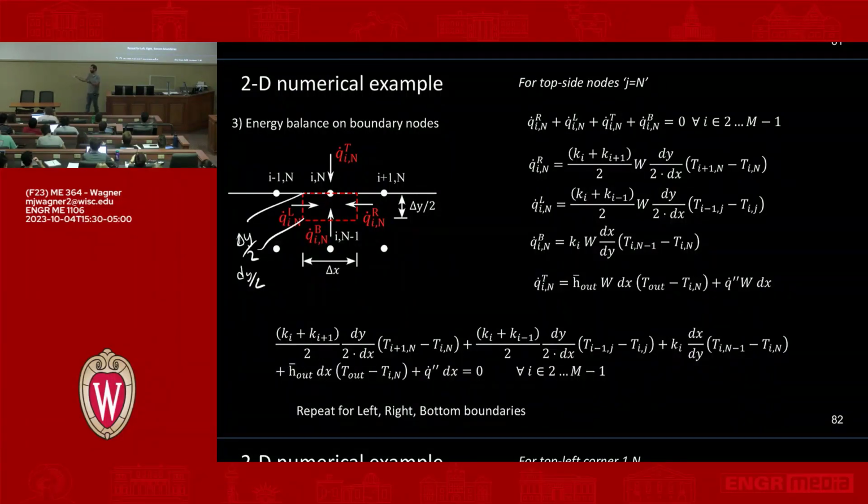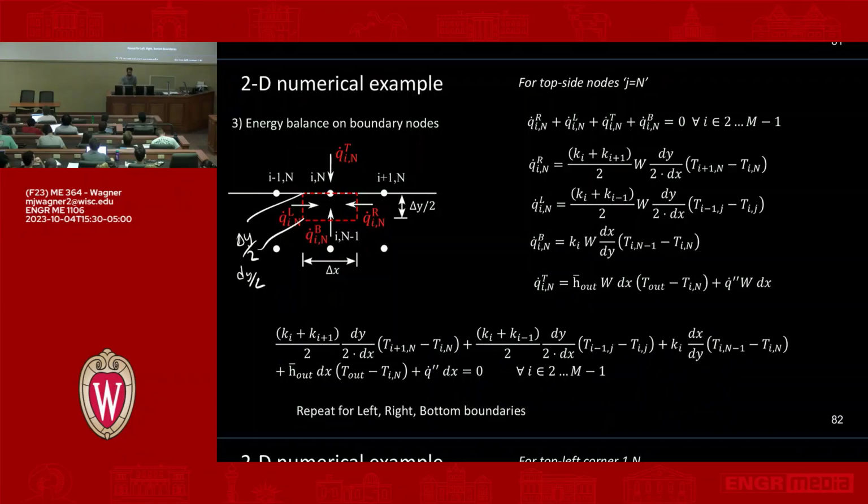The distance to conduct is always the same, it's always that delta x, but the area that's available for conduction is delta y over 2. All right, just bookkeeping on the areas, bookkeeping on the distances, and then looking at where the arrows are coming from, right? That's pretty much all this is. So you have to repeat this process for all 4 surfaces. Questions on this one?